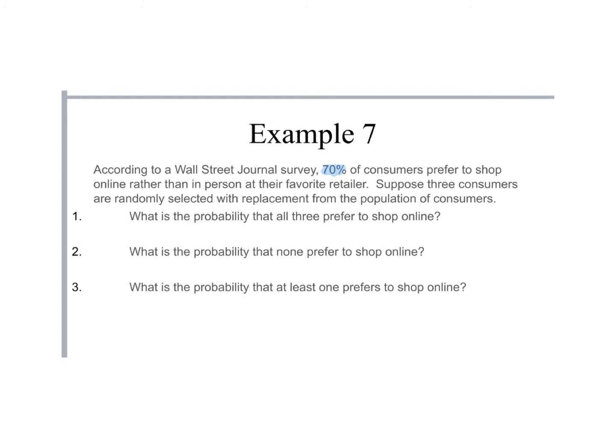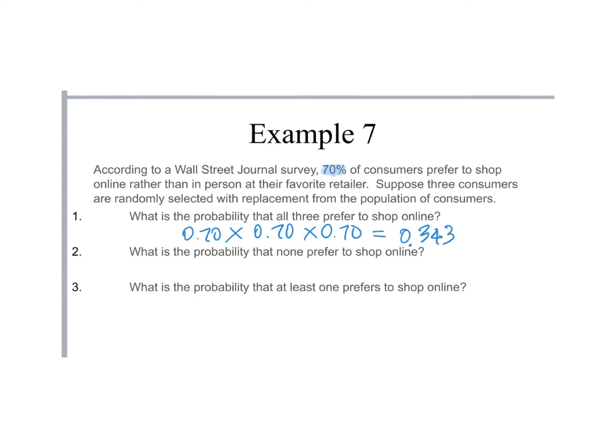We're talking about 3 different consumers, so yeah, they're independent. So first probability, we can just go ahead and use that multiplication rule, right? So first consumer, second consumer, third consumer. This gives us the probability that all 3 prefer to shop online, which comes out to 0.343.